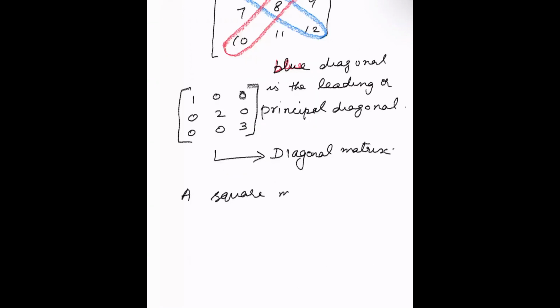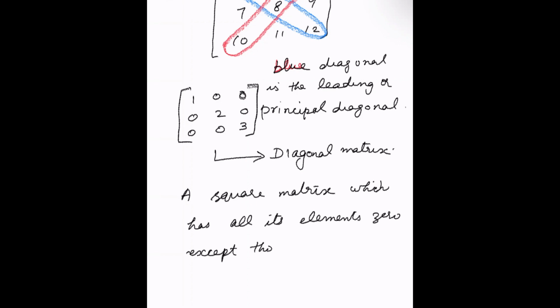A square matrix which has all its elements 0, except those on the leading diagonal, is called the diagonal matrix.